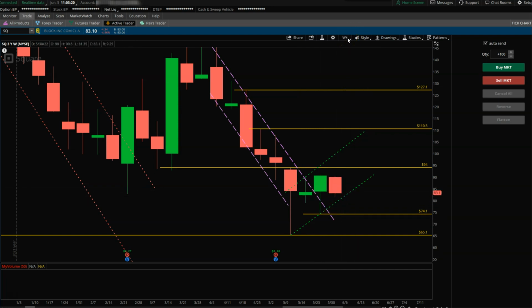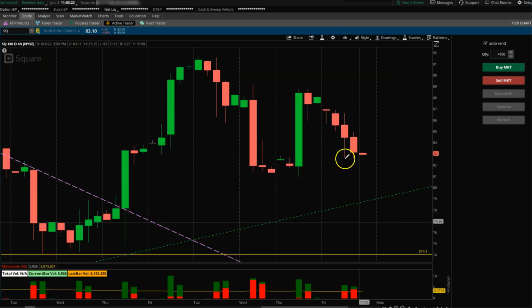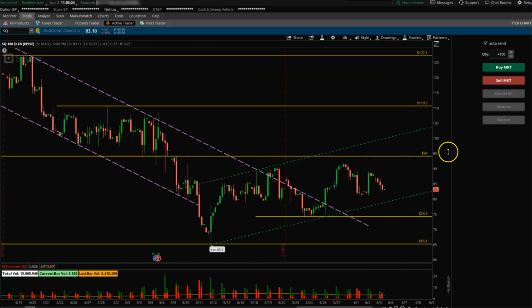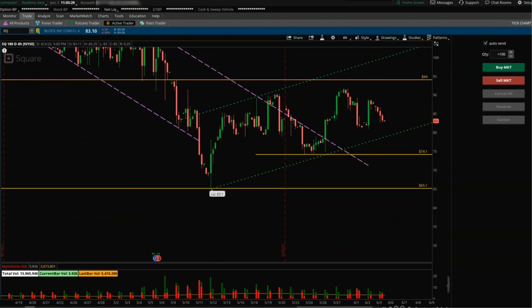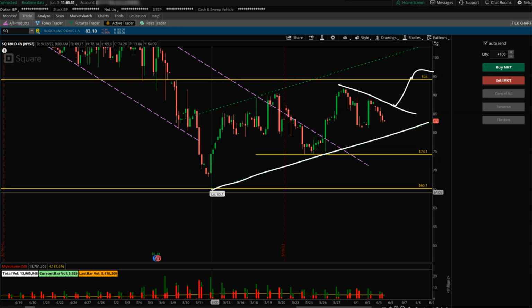I mean, if I get into let's say a 4-hourly view for this name, this is the sort of channel that it's trading in. So as long as it's above this channel, and it breaks above this intraday downtrend line, then definitely 94, and then it can easily go back up towards the higher end of this channel.